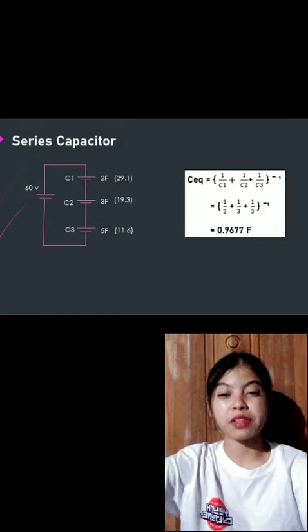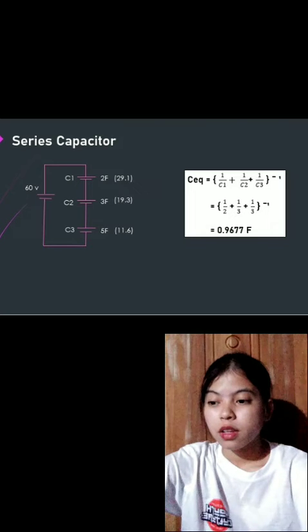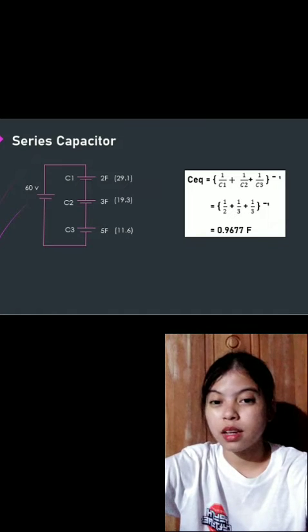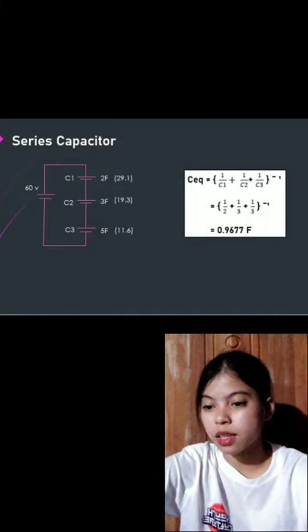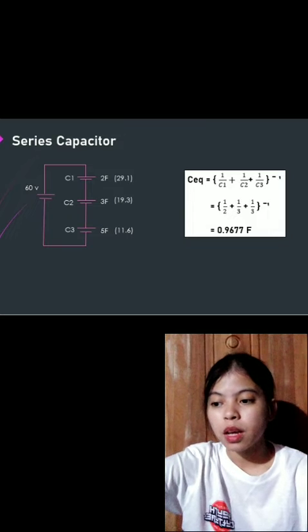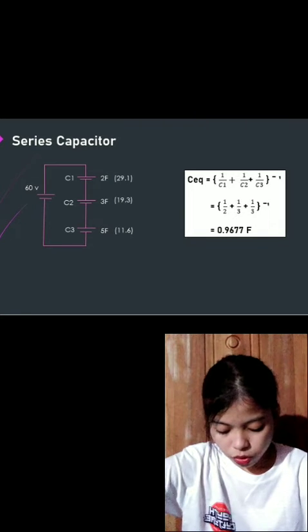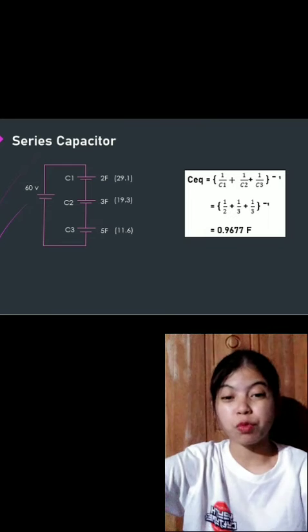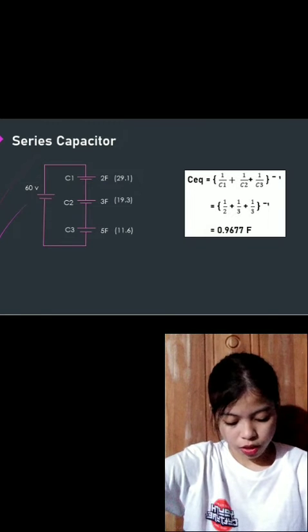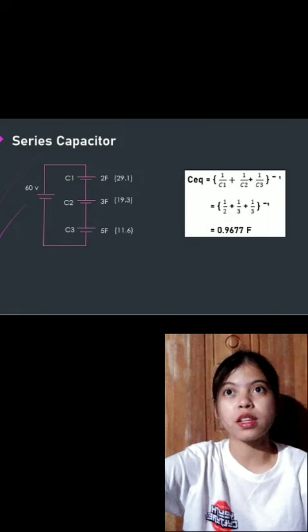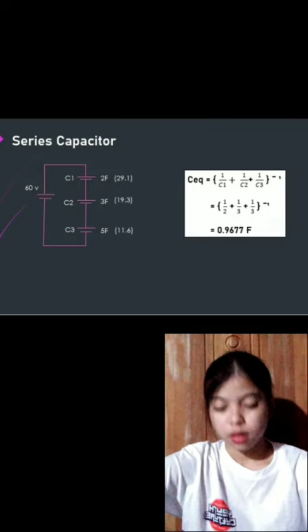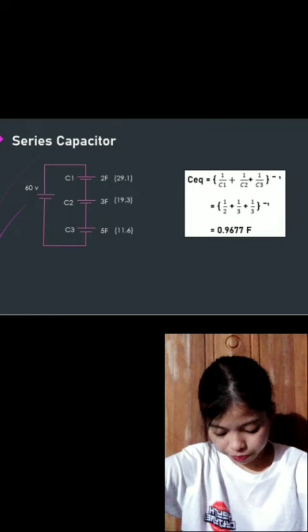So next is the series capacitor. If we have a capacitor circuit in series, we have here a circuit problem that we would answer. The first thing that we should look for is the total capacitance of this circuit.